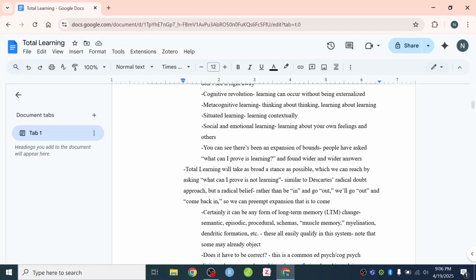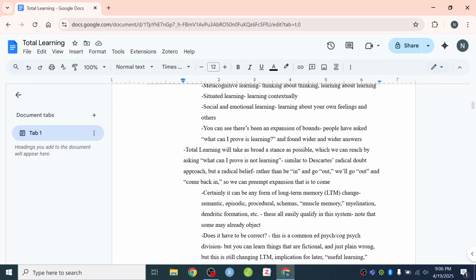It is already further than a lot of educational psychologists will go, and we'll talk about that as we go. And indeed, what I'll do now is go through a lot of the objections that an educational psychologist might make to this kind of broad definition of learning, any change in long-term memory.